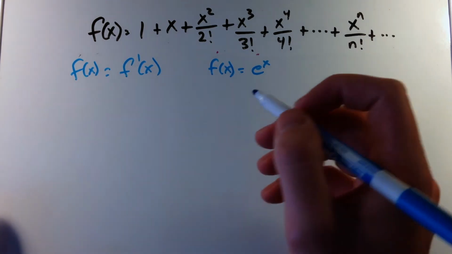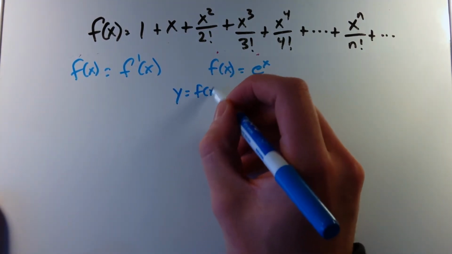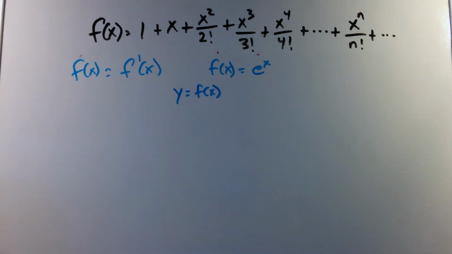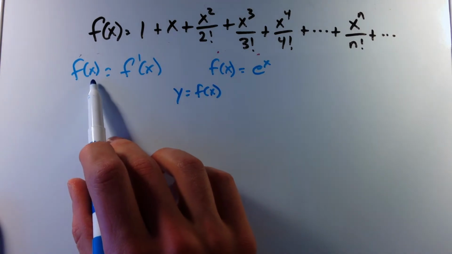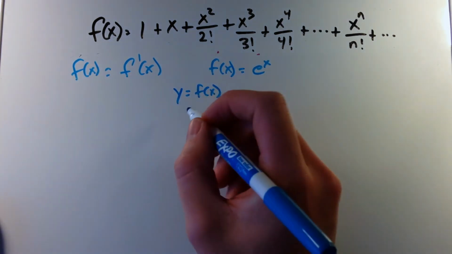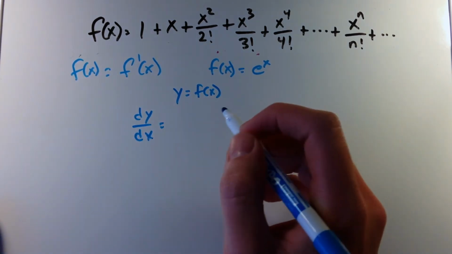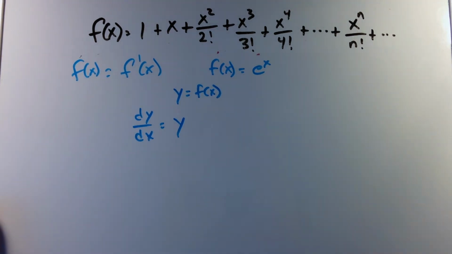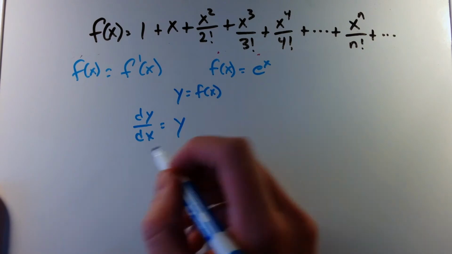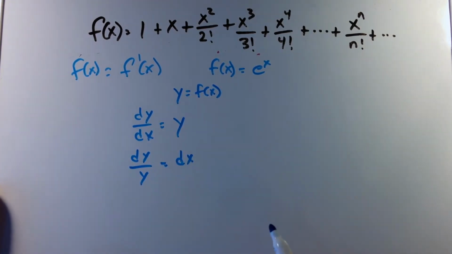Okay. Well, let's set y equal to f of x. Okay, just a different notation here. And so we said the derivative of f of x equals the original function f of x. In terms of y, dy/dx equals y. Okay, and so now I can solve maybe this differential equation. I'm left with dy over y equals dx.